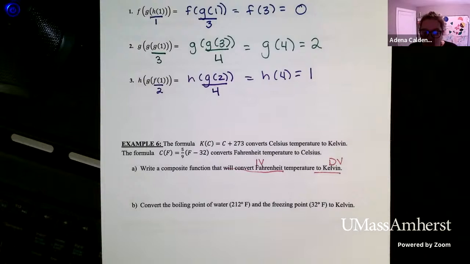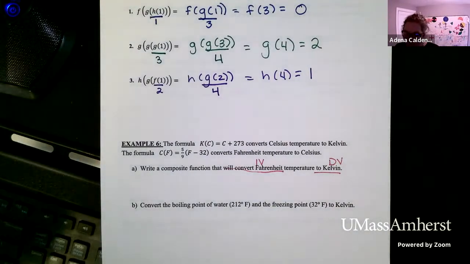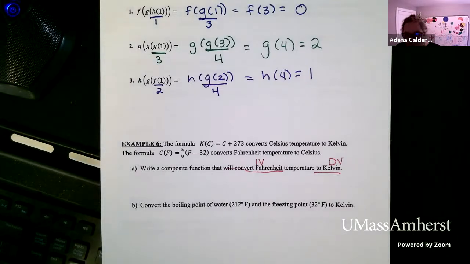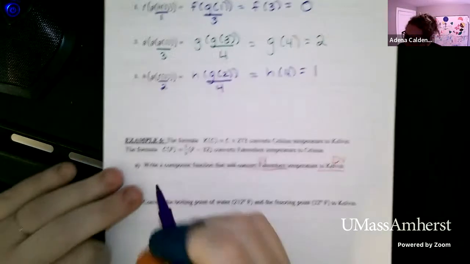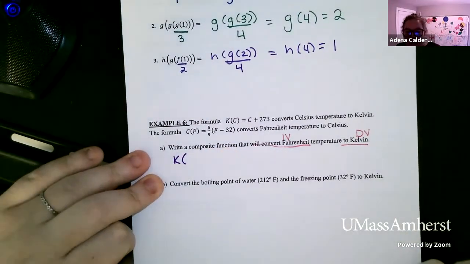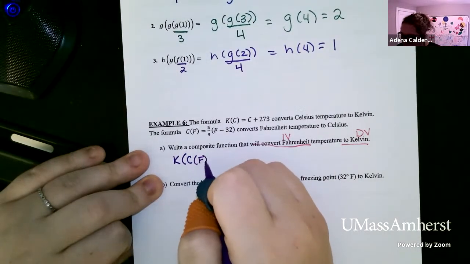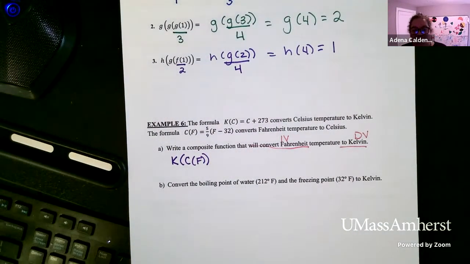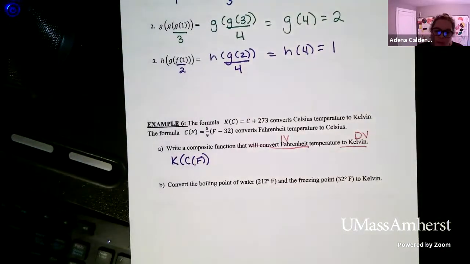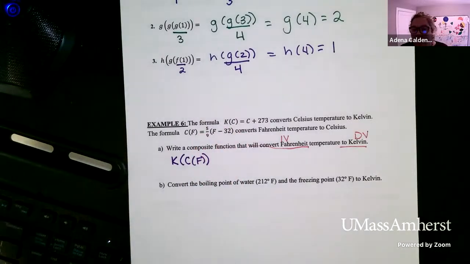So when we think about this, since we're trying to plug into the Kelvin function, Kelvin should be our outermost function. Okay, so we have Kelvin. But in order to get Fahrenheit, we have to plug in the function C of F, right? We have to plug the Celsius function into Kelvin because it's the Celsius function that brings in the Fahrenheit.